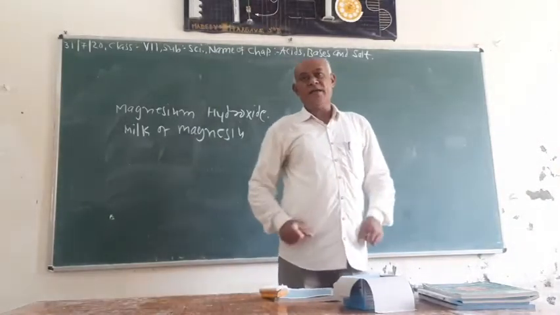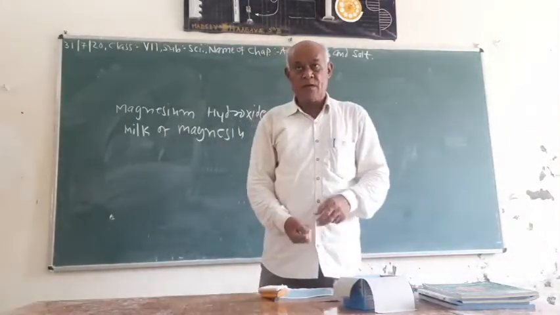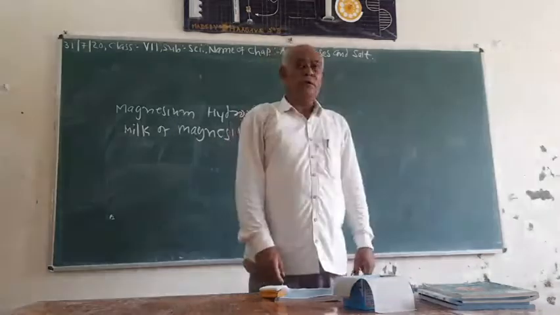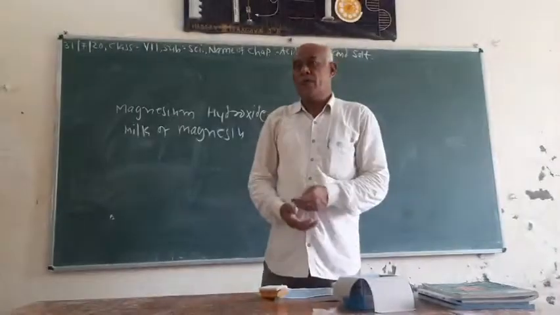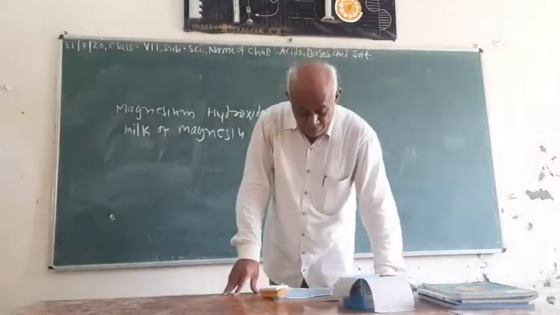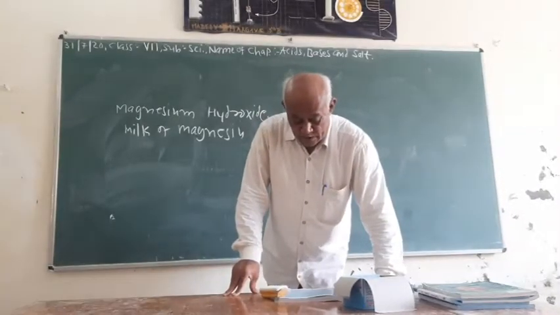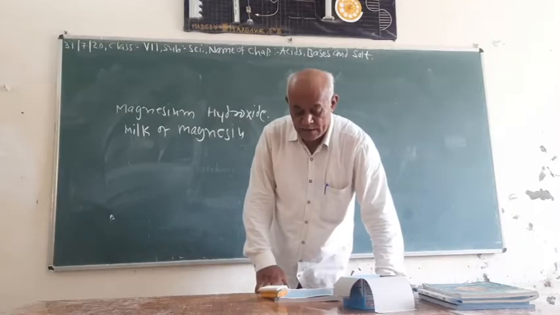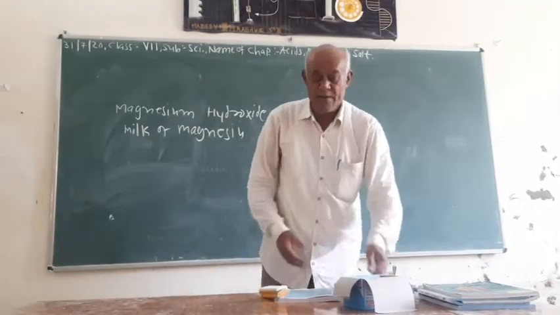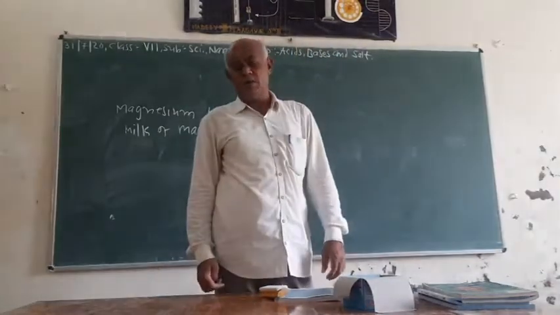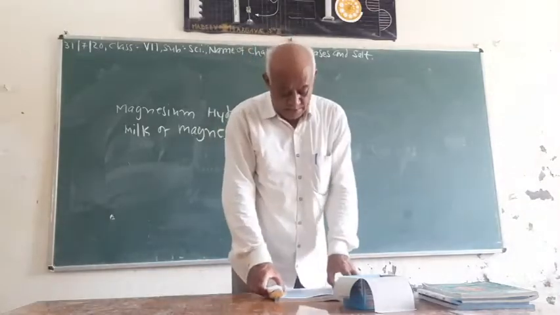So to avoid this situation, we should neutralize the acid waste, that is factory waste, before depositing it into the water body. This is the answer of question number 8c.